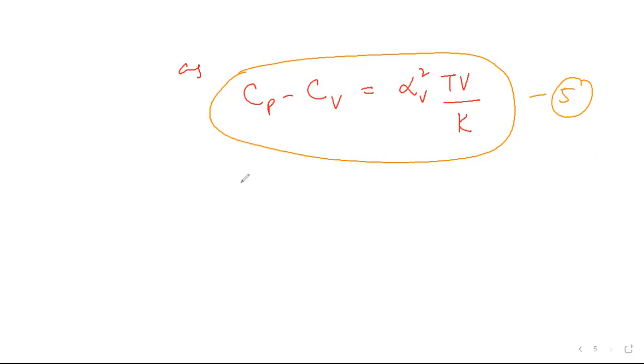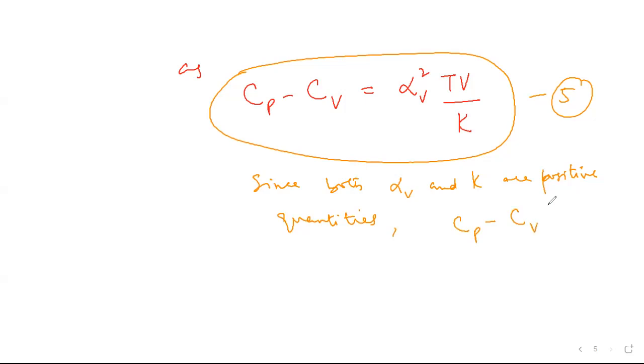Now, since both alpha V and K are positive quantities, Cp minus Cv is greater than or equal to 0, right?